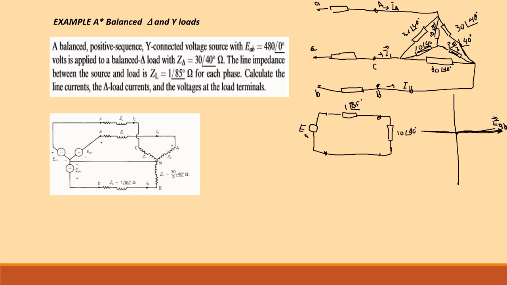As you know, EA is equal to the magnitude of EAB divided by root 3, and the direction of EA lags the direction of EAB by 30 degrees.